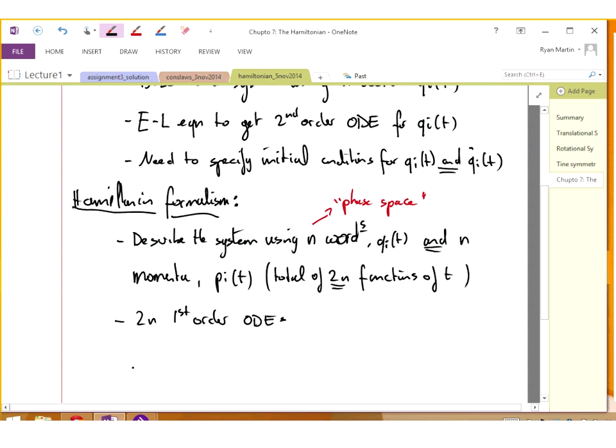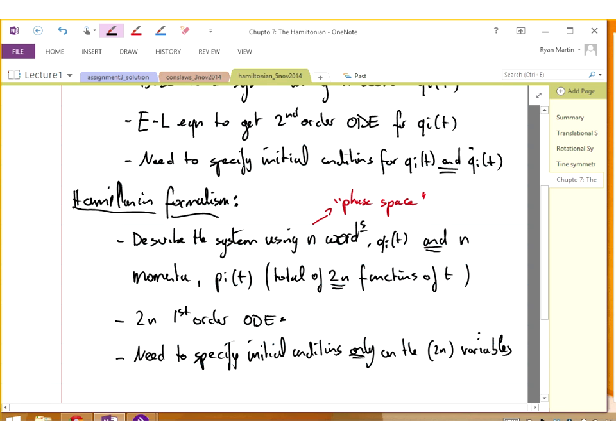And then in this case, we need to specify the initial conditions only on the 2n variables.